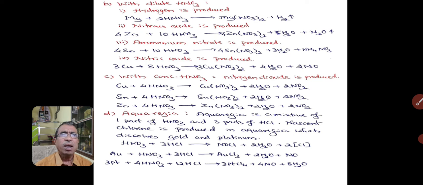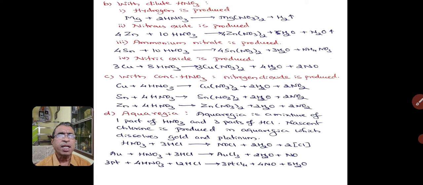The reactions are Mg plus 2HNO3 gives rise to Mg(NO3)2 plus H2. 4Zn plus 10HNO3 gives rise to 4Zn(NO3)2 plus 5H2O plus N2O. 4Sn plus 10HNO3 gives rise to 4Sn(NO3)2, that is stannous nitrate, plus 3H2O plus NH4NO3. 3Cu plus 8HNO3 gives rise to 3Cu(NO3)2 plus 4H2O plus 2NO. All these reactions are very important reactions.